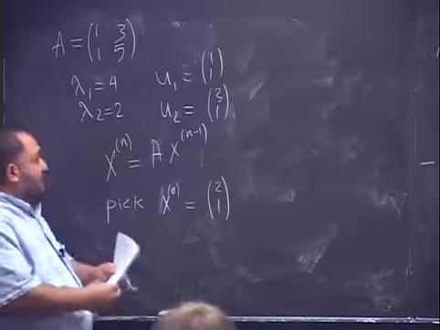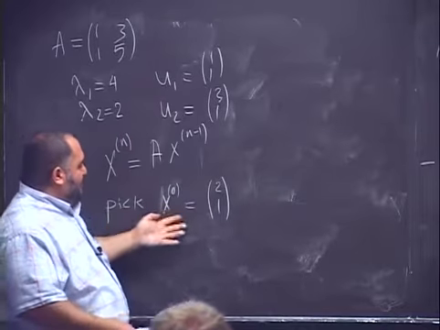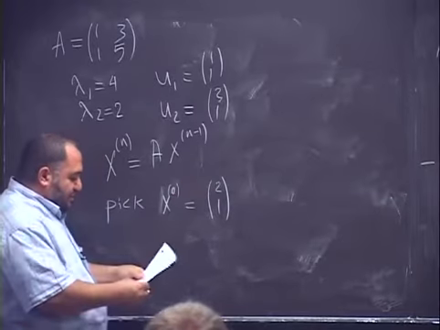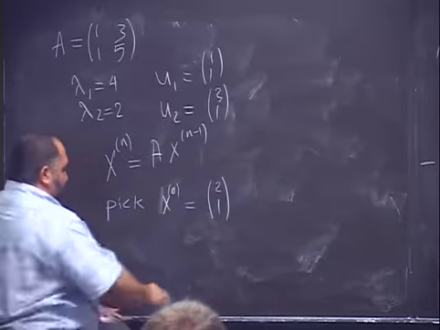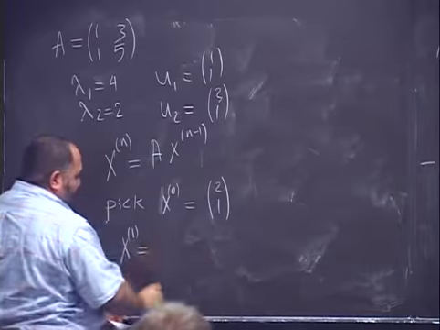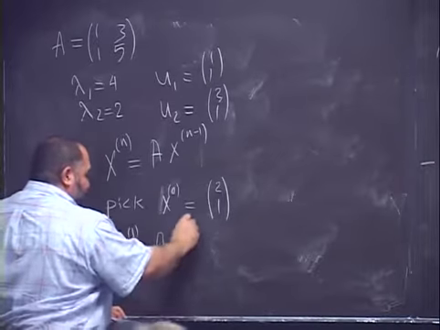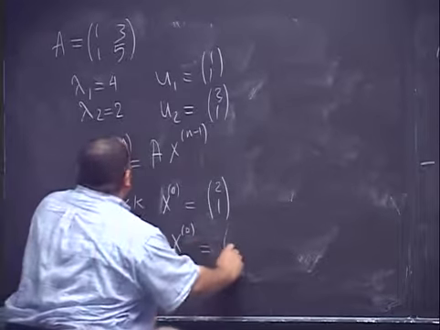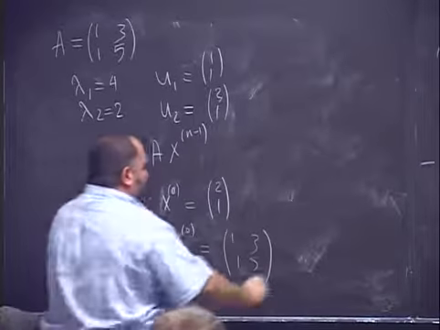So we have the first eigenvector, the second eigenvector, and we have an x initial equal to 2 and 1, the components 2 and 1. So let's apply now the power method. X after one iteration will be equal to A multiplied by x at 0. So what's A? 1, 3, 1, 5.